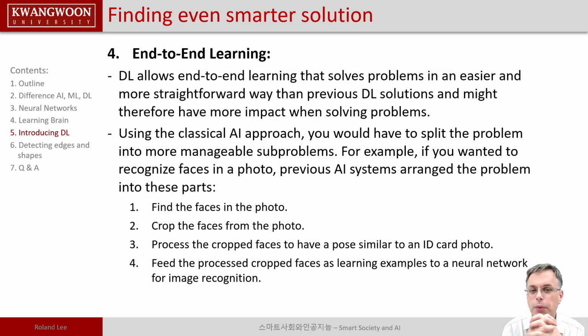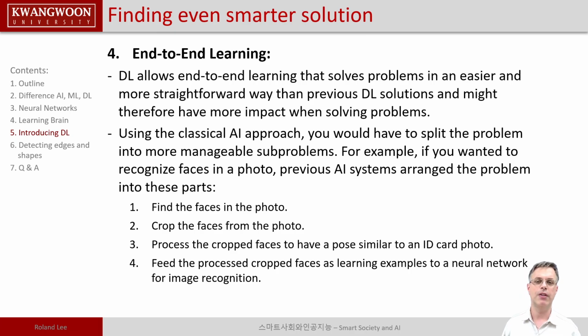Okay, so say that you want to solve a difficult problem, such as having AI recognize known faces or drive a car. Using the classical AI approach, you would have to split the problem into more manageable subproblems to achieve an acceptable result in a feasible amount of time.